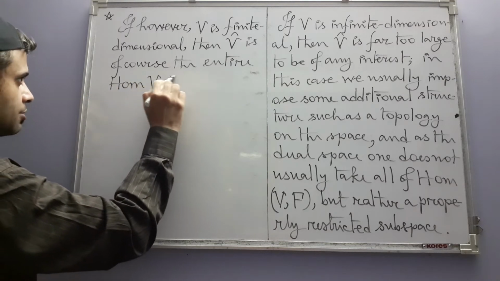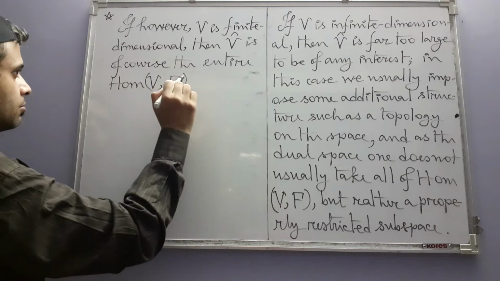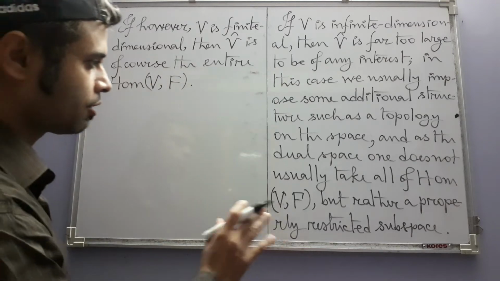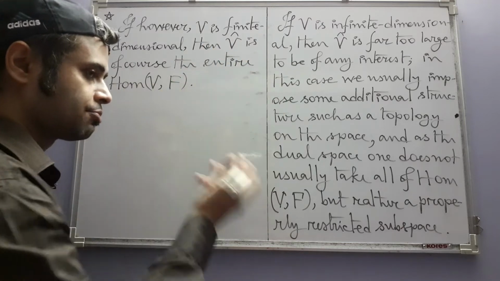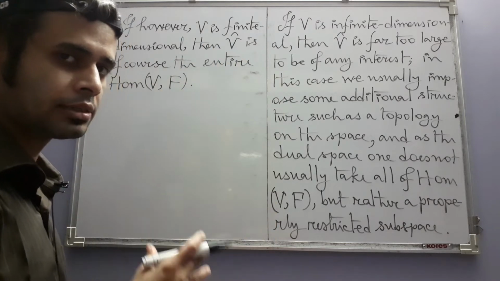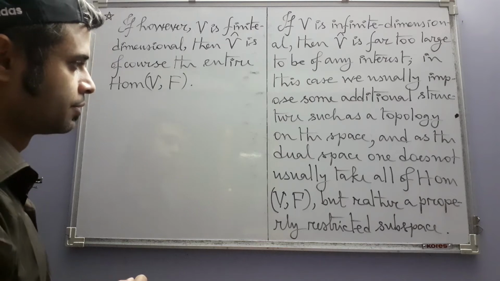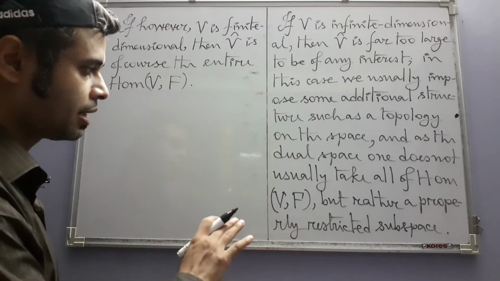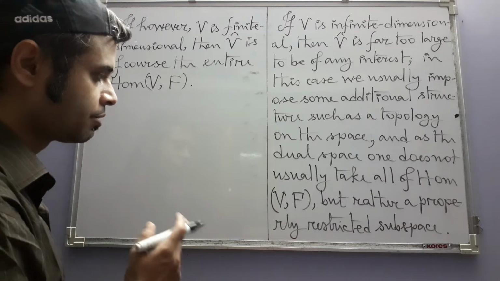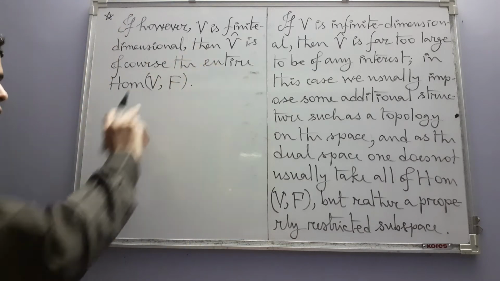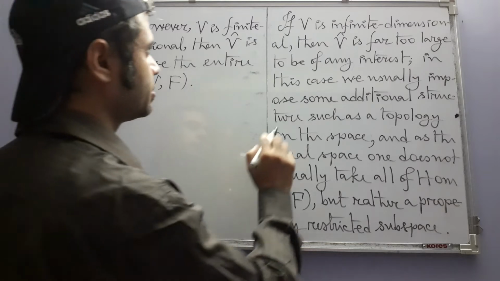That means for us V hat is just this. Whether finite dimensional or infinite dimensional, our definition says that V hat is this, and this is what we are calling the dual space of V. Infinite dimensional case we are not going to consider. We will consider only finite dimensional vector spaces, of which we will consider duals.